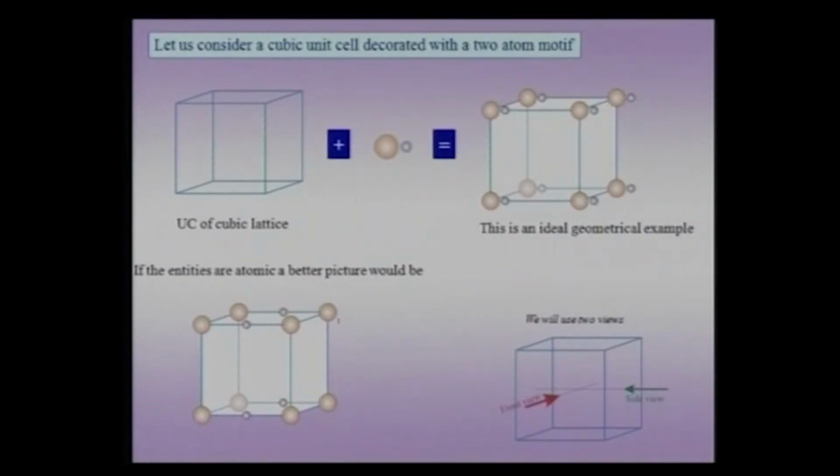So, an alternate way of drawing the same thing is that there is an orange sphere and a gray sphere and they will sit like this in the unit cell. Now, let me use two views to understand this kind of crystal: a front view and a side view. So, I start with a simple cubic lattice, I put a 2 atom motif, and I obtain this structure, which I shall understand with two views.